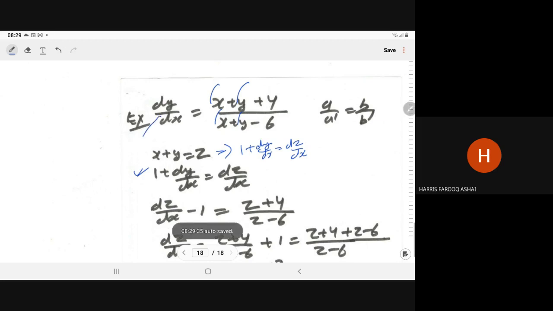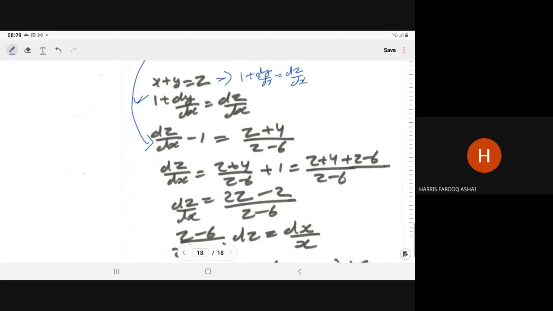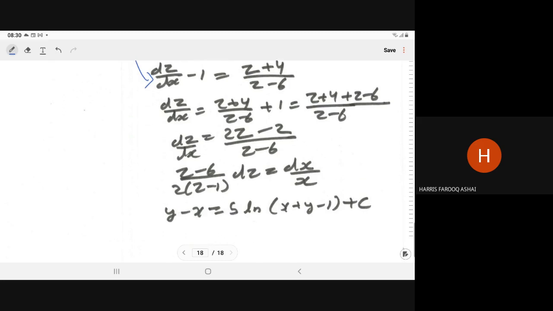Here the equation reduces to dz by dx minus 1 is equal to z plus 4 upon z minus 6. So it can be written as dz by dx is equal to z plus 4 upon z minus 6, plus 1. So this can be written as z plus 4 plus z minus 6 upon z minus 6, or dz by dx is equal to 2z minus 2 upon z minus 6.